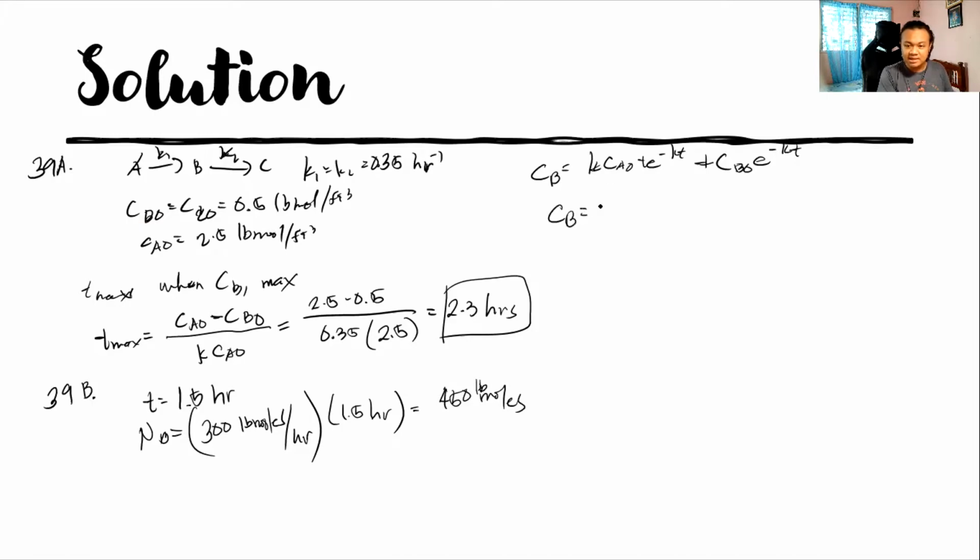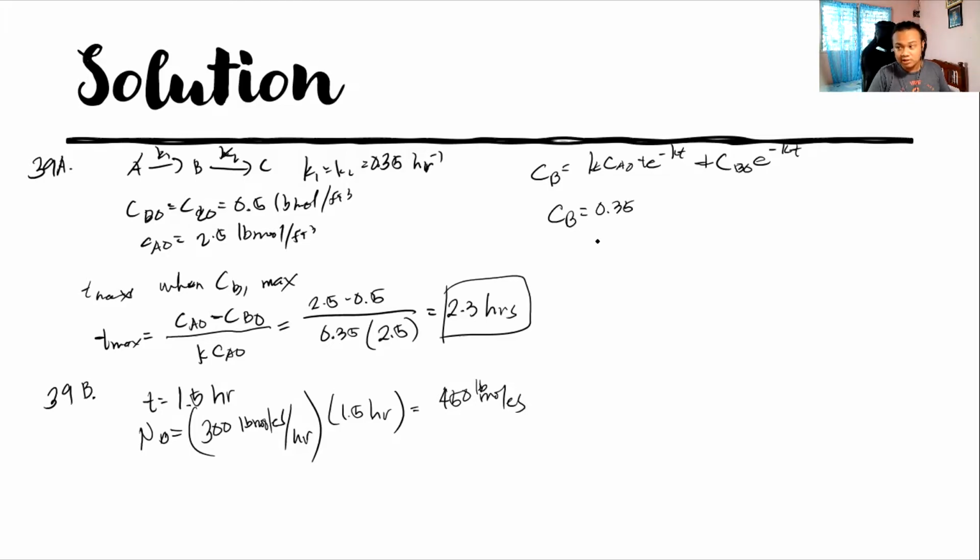So CB is equal to 1 over K, di ba? K is 0.35. And guys, don't forget that the CB accounted here is just for the reaction, not including the 30 minutes na downtime for cleaning.